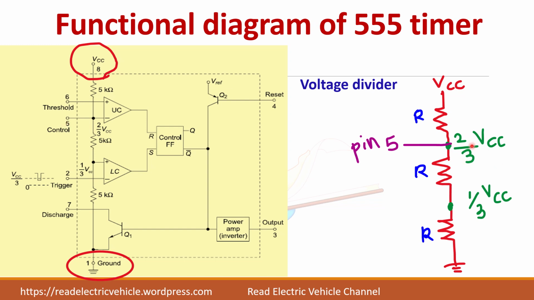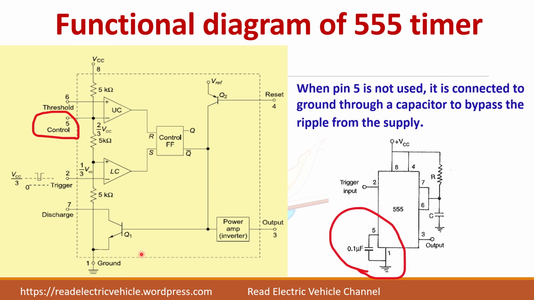This 2 by 3 VCC and 1 by 3 VCC are fixed values because our VCC is fixed and the resistance value is also fixed. But why do we need the extra pin 5? If you need, you can use this pin in some applications where you give an external signal to change the voltage here.